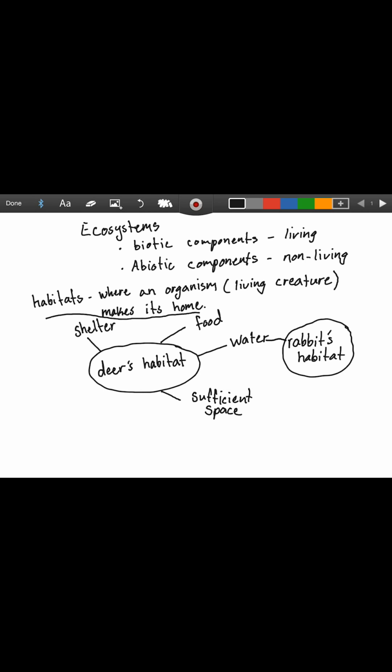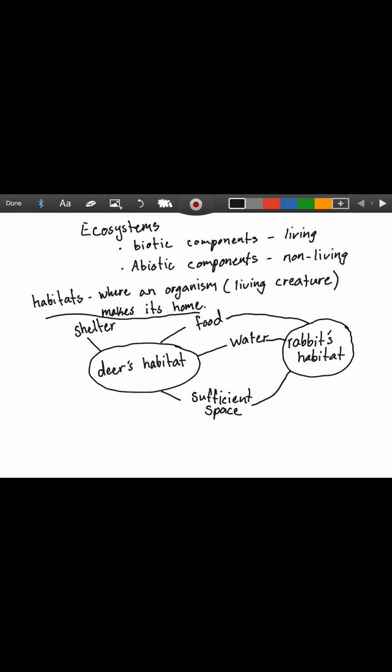They might share, most likely will share, space. I'm not an expert in this, but I think they may actually share some types of foods. Both of them are vegetarians. Well, actually, I think the rabbit might be an omnivore. I'm not sure if rabbits eat worms or anything like that, but I do know that rabbits do eat vegetation, and so do deer, and they're found in the same ecosystems.